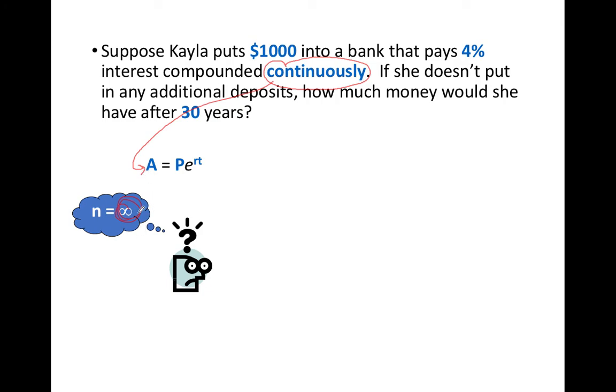So how much money does Kayla get? With the same $1,000 to start with, the same 30 years, the same interest rate, but look at the base. Naturally, e came out of the calculus when I was dealing with infinity.